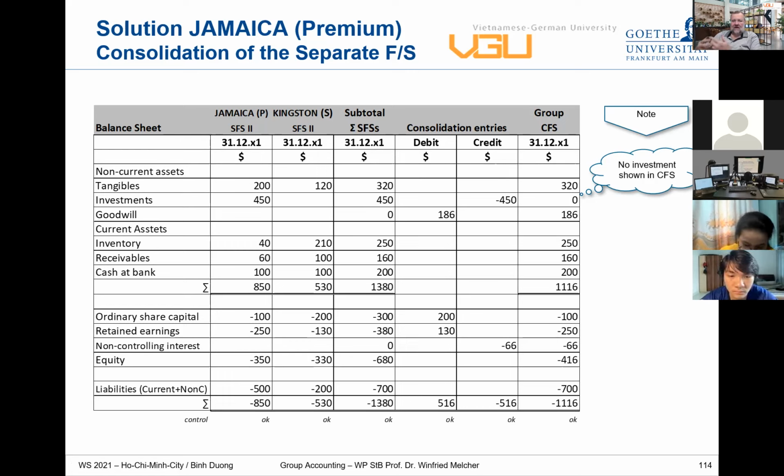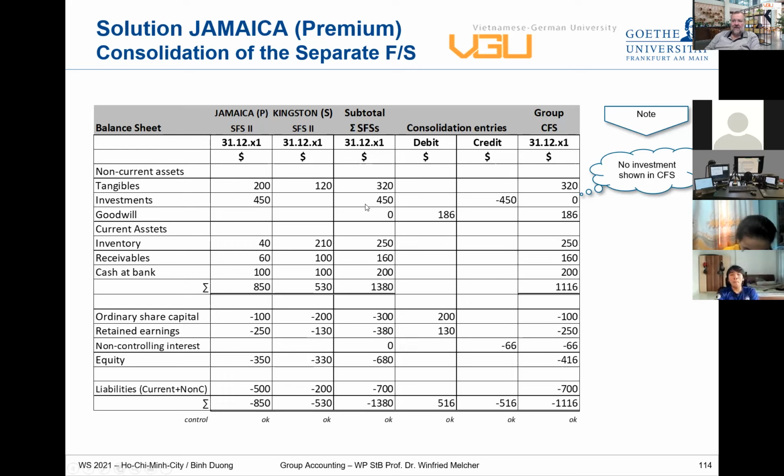All the assets and all the liabilities were taken into these subtotals. So Kingston is included in this 320. Kingston is included in the inventory with 210. So 210 of these 250 relate to Kingston, and only 40 to the parent Jamaica. That is why Kingston is twice in the group, and that is not correct.